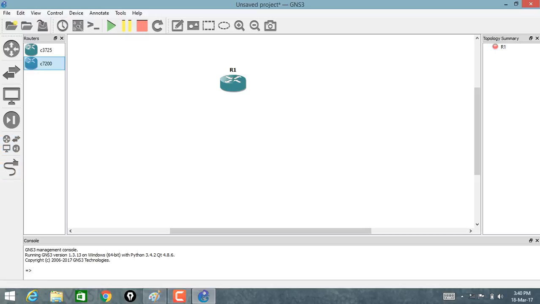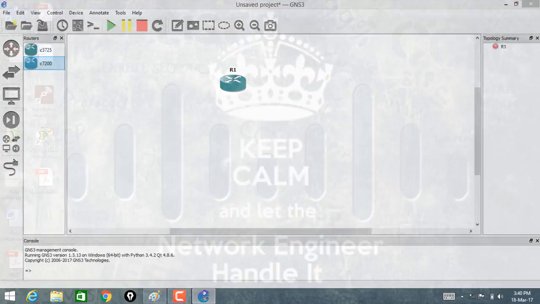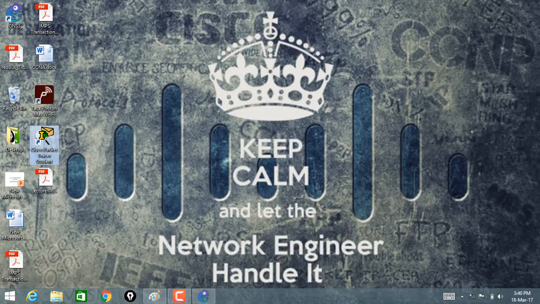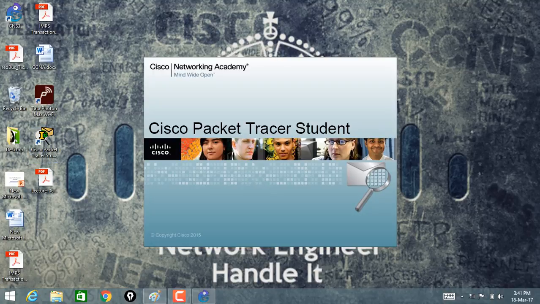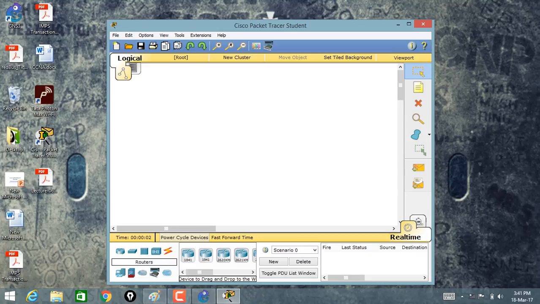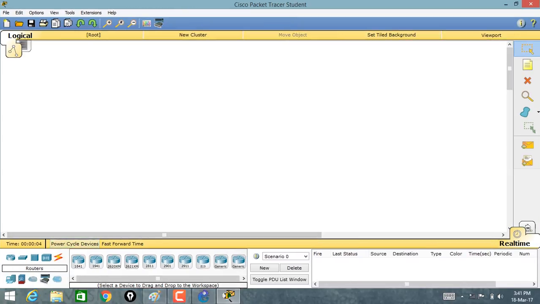And let's do it on Packet Tracer also. I'll get a switch over there. Let me take this switch, then a switch, and let us take only 4 different PCs.